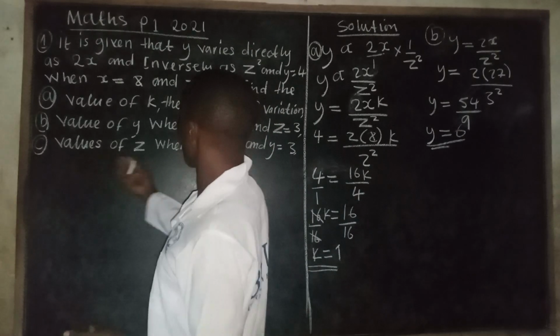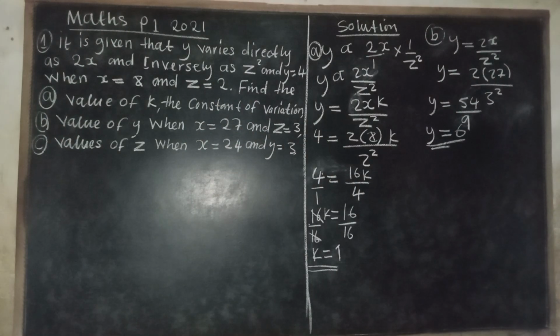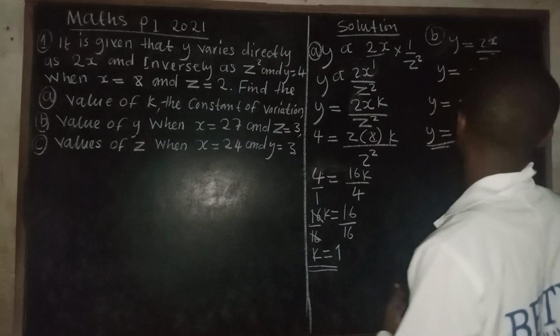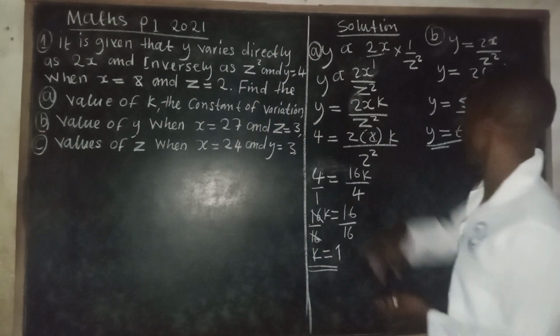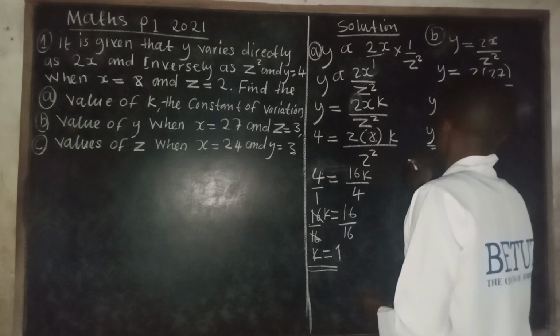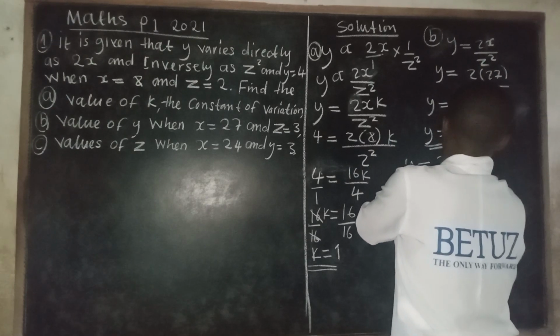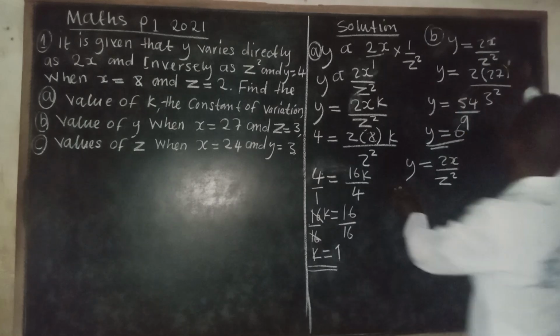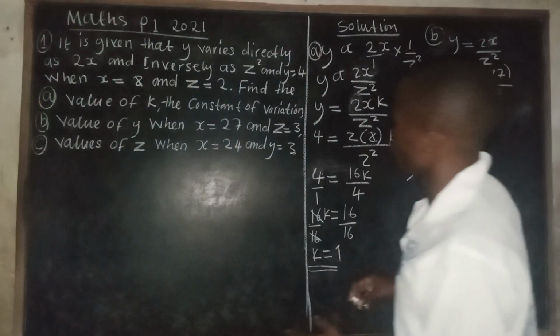They are saying find the value of z when x is equal to 24 and y is equal to 3. We are still using the same formula that you have formulated, which is this one: y is equal to 2x over z squared. Then from there we substitute.